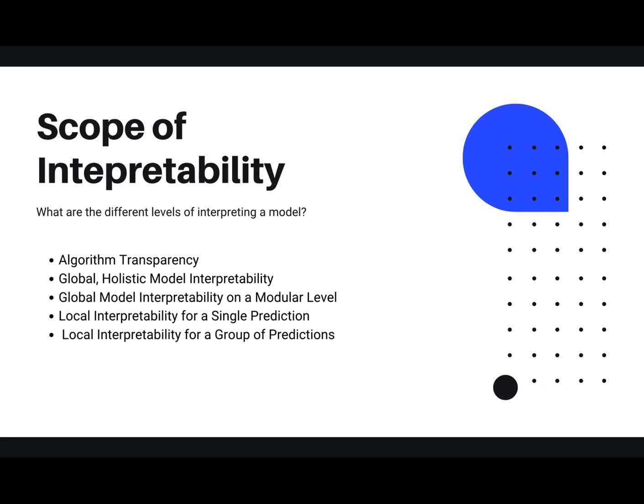The third level is global model interpretability on a modular level. This tries to ask the question of how do parts of the model affect the predictions. So for a simple model, for example linear regression, we know that if a coefficient is very high, that means this feature is very important and it's being used mainly to make the predictions, right?